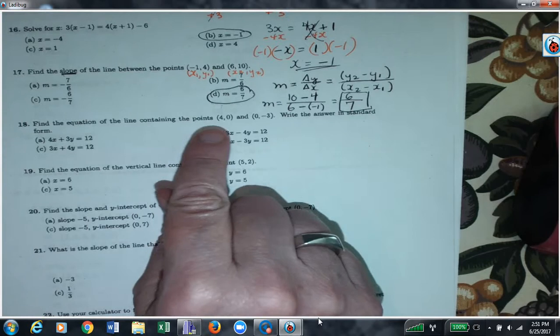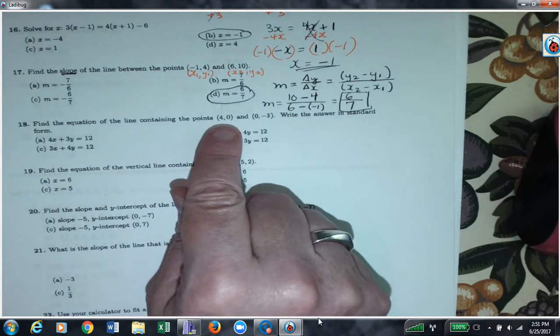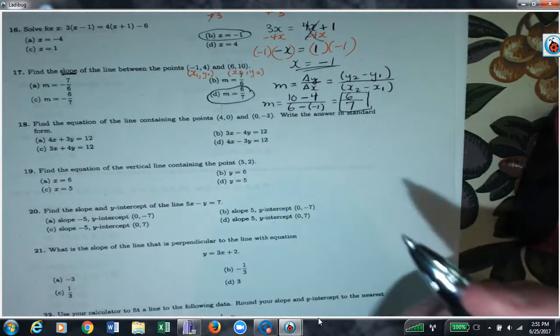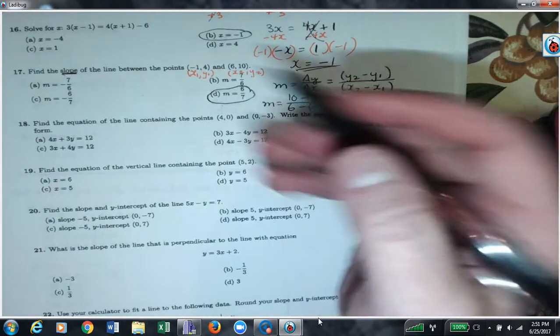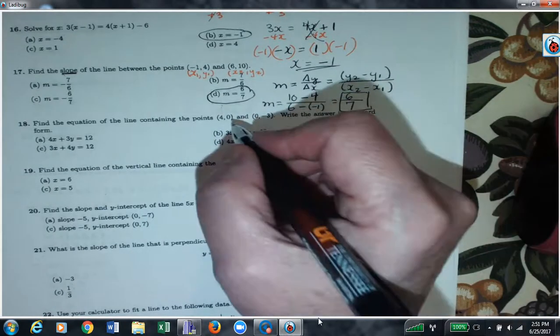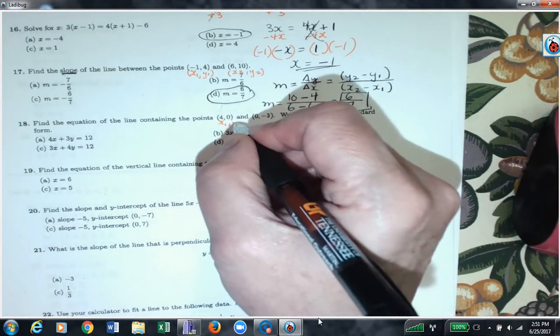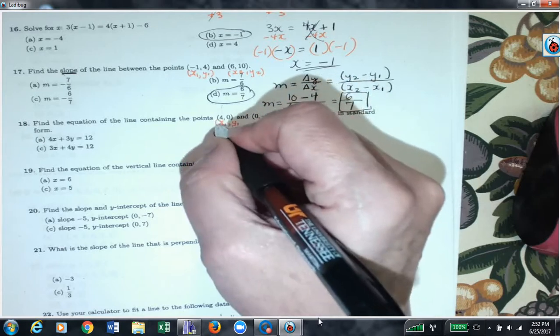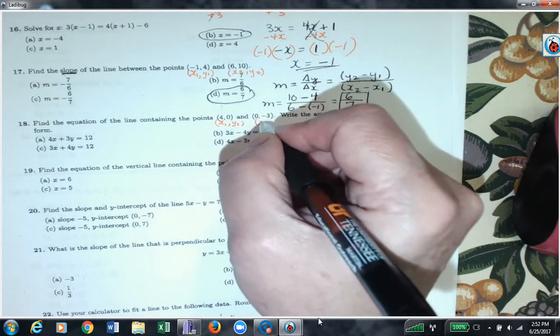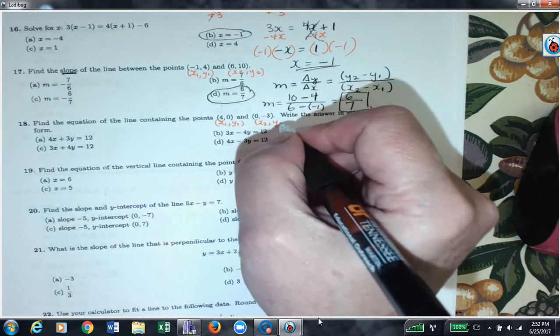Okay, now I need to find the equation of the line containing these points. Write the answer in standard form. Okay, first thing I have to do is get the slope. So again, I'm going to have x1, y1, and I'll call this x2, y2.